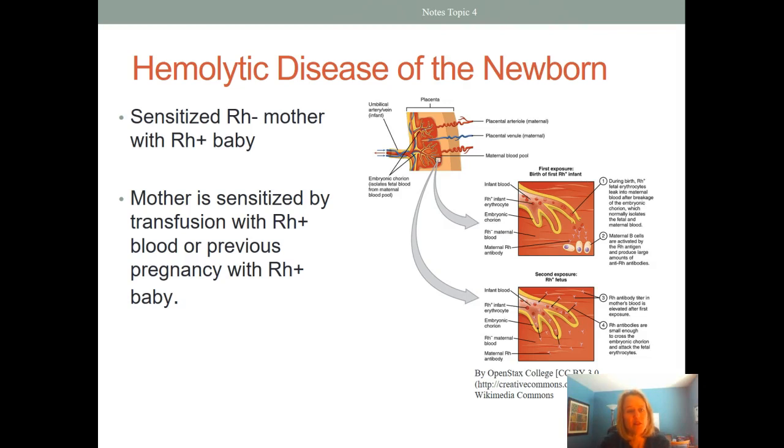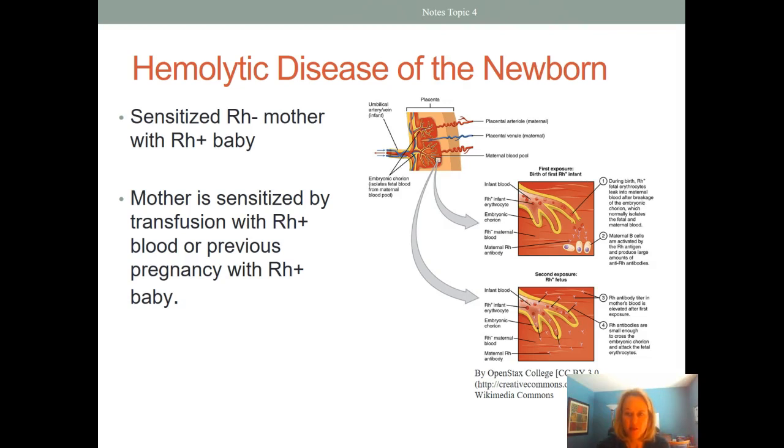Okay, so once again, this can only occur with an Rh negative mother who's been sensitized by prior exposure to the Rh antigen, either from a transfusion with Rh positive blood or from a previous pregnancy with an Rh positive baby. Now, if the mother is Rh positive, she's not going to make the antibodies against the Rh antigen because she has the antigen. So it's going to require an Rh negative mother with an Rh positive baby.